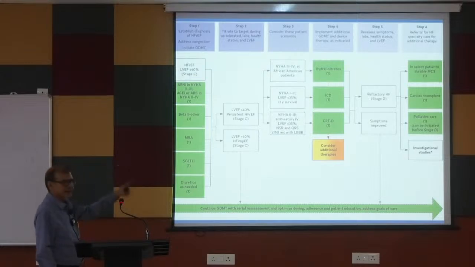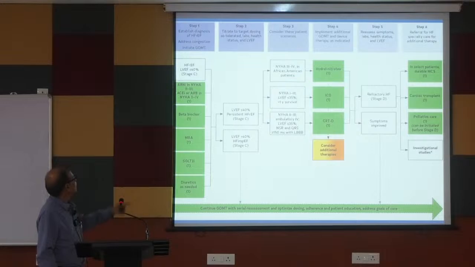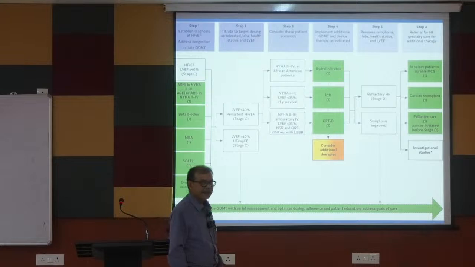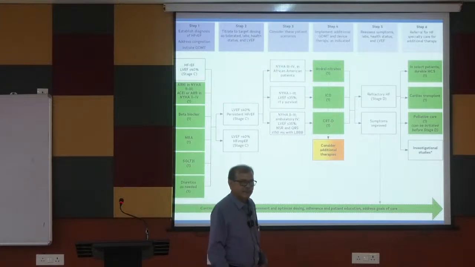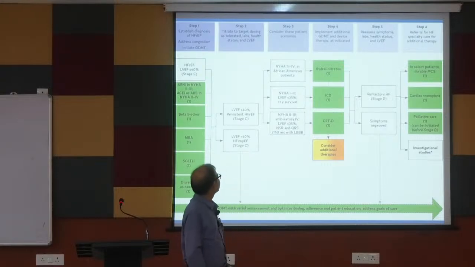Lastly, consider the clinical scenario on the basis of stage, ejection fraction, and QRS morphology, and then implement additional therapy, that means additional to GDMT, guideline directed medical therapy, as well as device therapy.